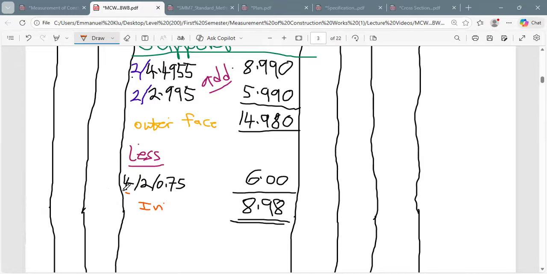So the width is at 2 sides of the length, and the corners are also 4. So 4 times 2 times the width, we get 6.00. If you subtract it from that, you're going to get the internal trench. So this is the internal trench.